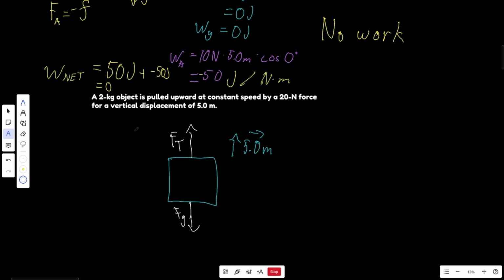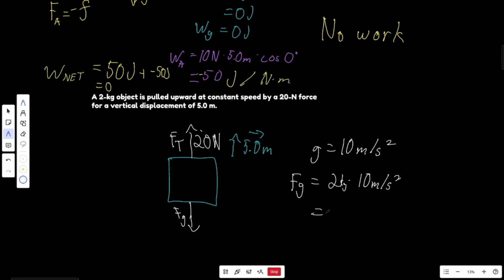Now there is going to be a 20 Newton force going up, and the force of gravity is just essentially its weight, and we'll use gravity equals 10 meters per second squared here. So to get the force of gravity, we're just going to do 2 times 10 meters per second squared, and we'll get 20 newtons as well, this time going down because gravity is always going downward.